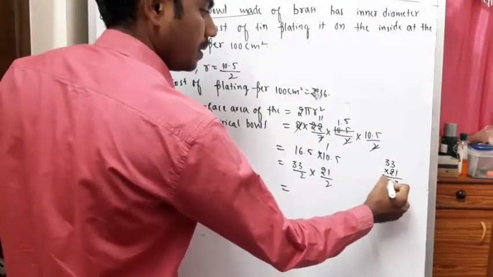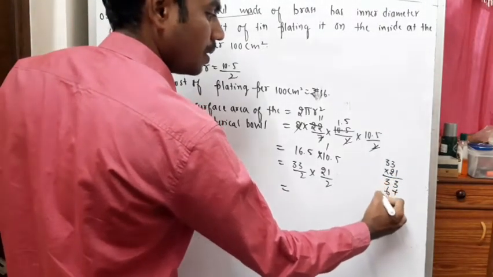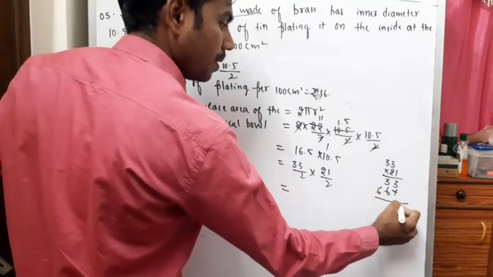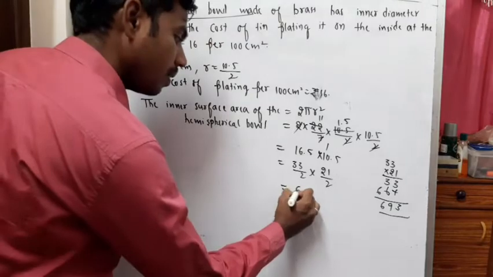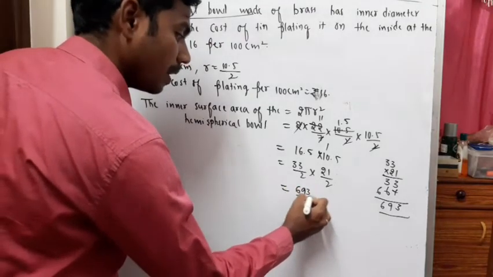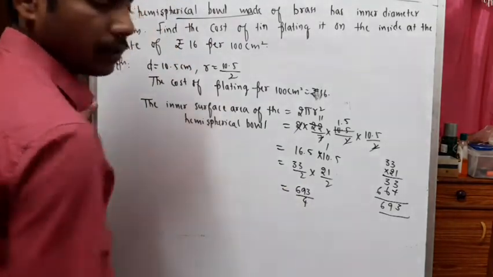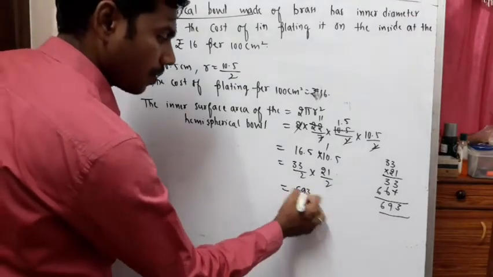1 3 is a 3, 2 3 is a 6, that is 693 divided by 4. 2 into 2 is nothing but 4. 4 1s are 4.